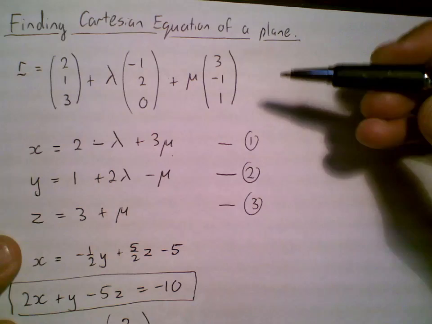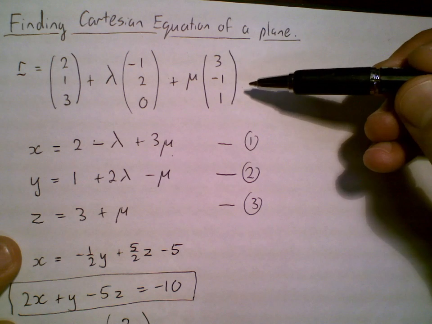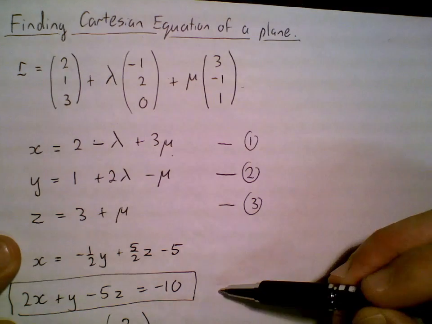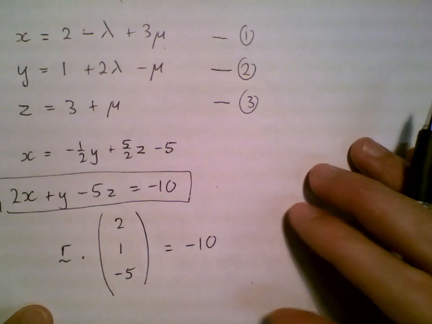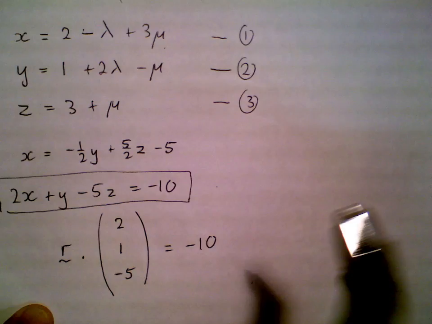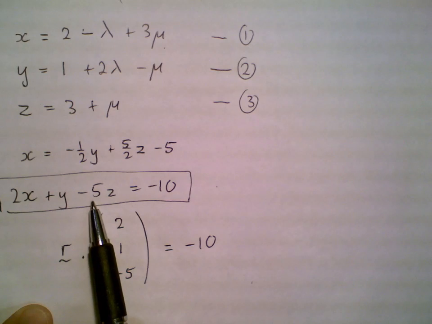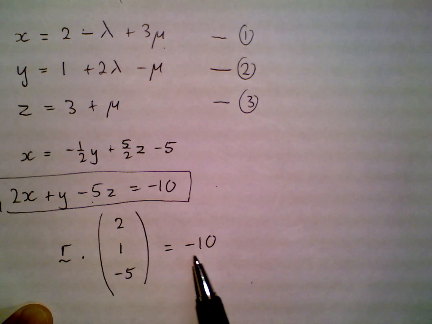So you can see here we've gone from the vector equation in standard form to the Cartesian equation, and then finally down here we've gone to our vector equation in scalar product form, or normal form if you like, by taking the coefficients of the x, y, z values, making that into this normal vector, and the negative 10 comes out over here.